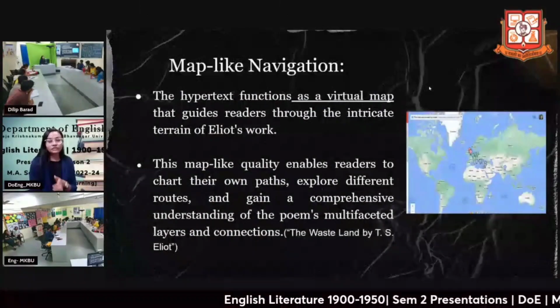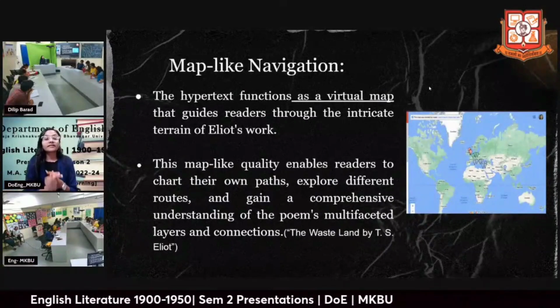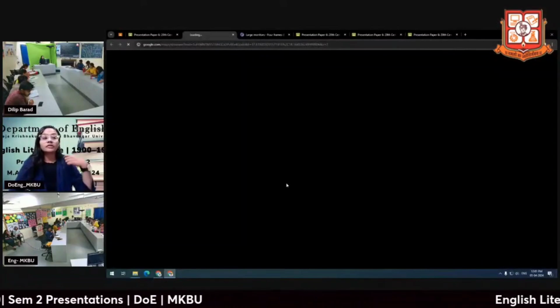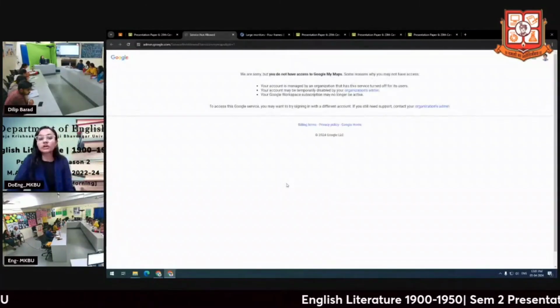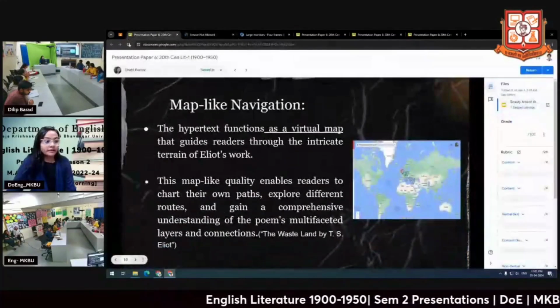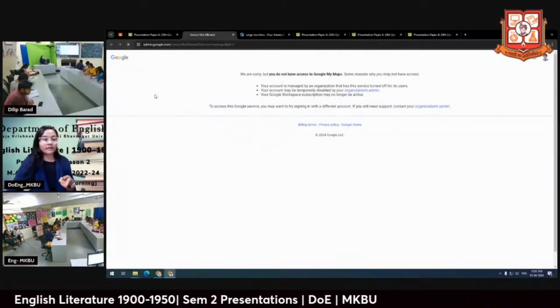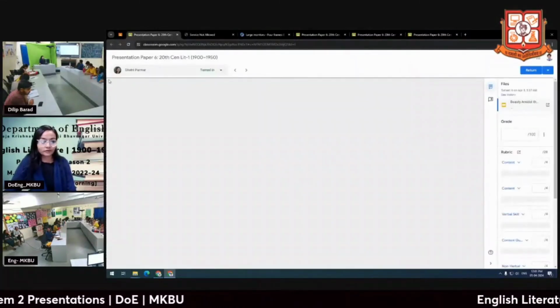Another most important feature of this Waste Land is the map-like navigation. It provides us a virtual map, and it enables readers to go to a particular location and find the links there.